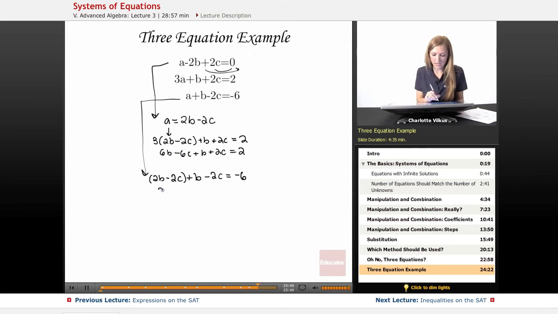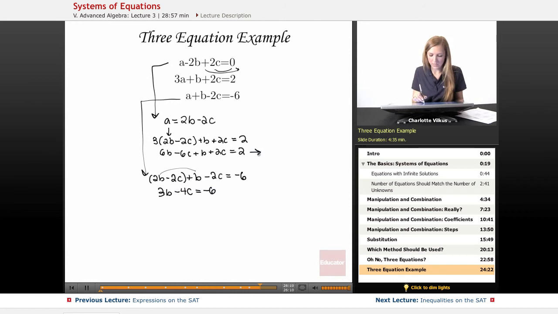And the second one, I'm going to have 2b, and this one I don't need to multiply out, so 2b plus b is going to give me 3b, and then -2c plus -2c is going to give me -4c, and that is equal to -6.